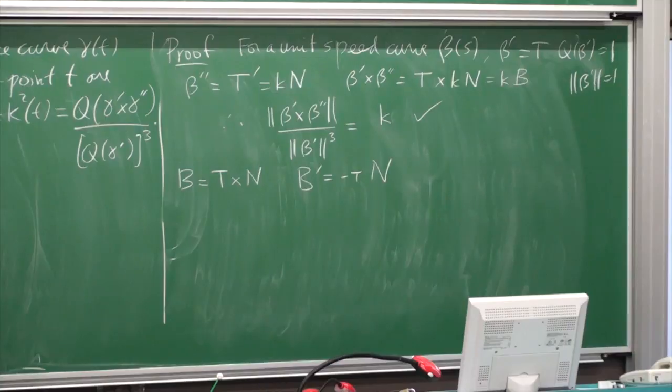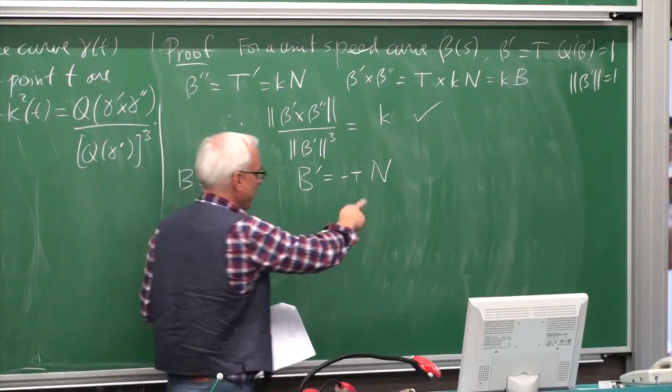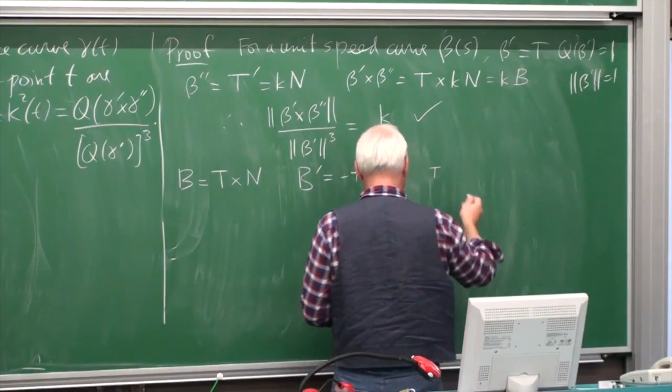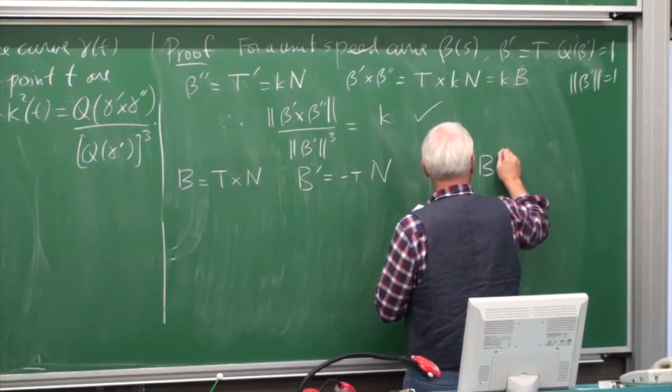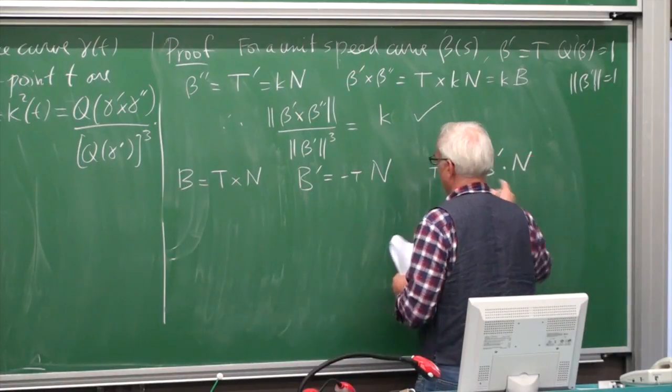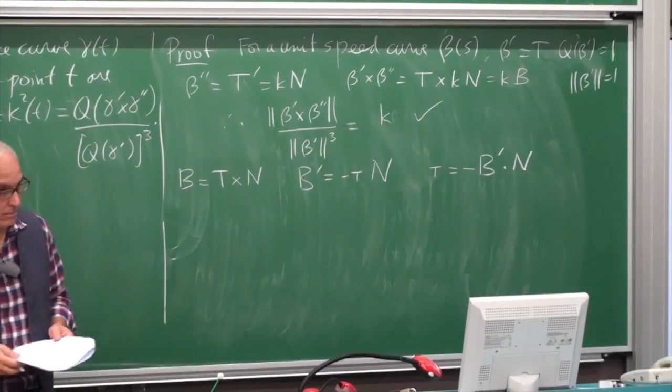When we differentiate the binormal, it's the coefficient of n that we get, or negative the coefficient of n. And so if we want to get at the torsion, we can get at it from this equation by dotting with n. So the torsion is minus b prime dot n, because n is a unit vector, so if you dot it with itself, you get 1.